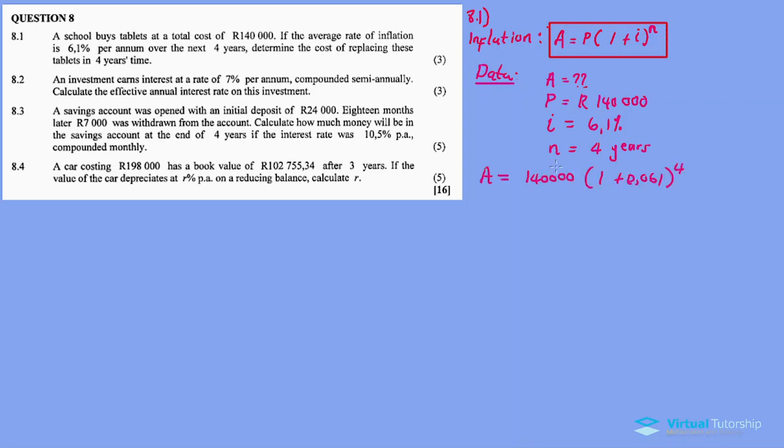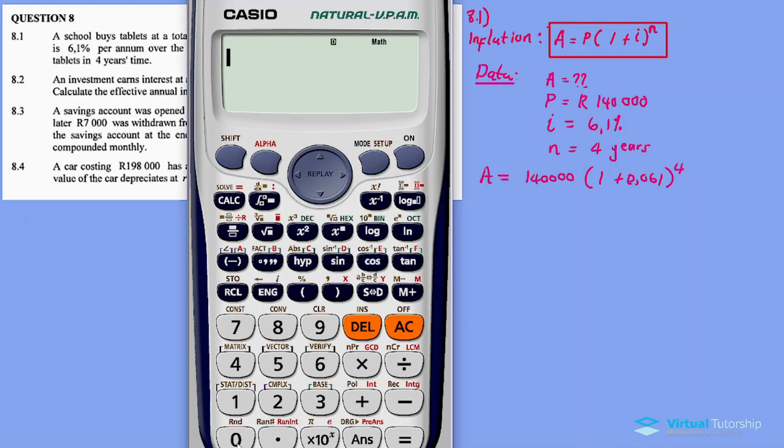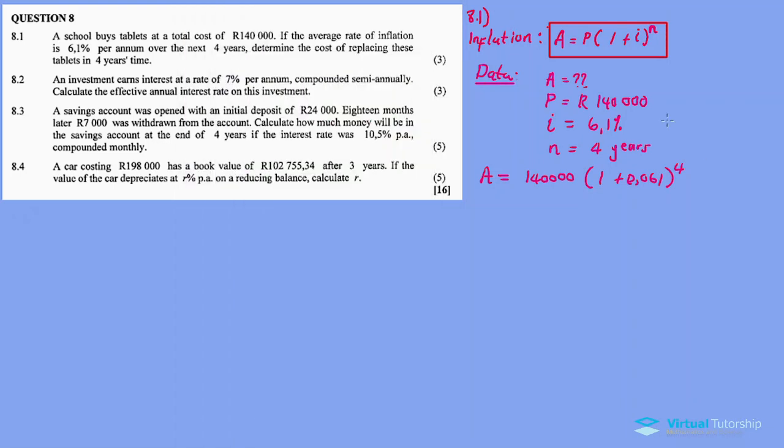This is P, and then it's 1 plus 0.061. It's 6.1 divided by 100, which is equal to 0.061, and then this bracket raised to exponent 4 years.